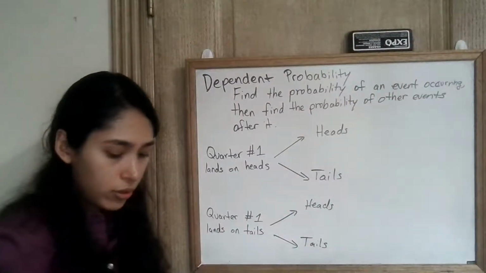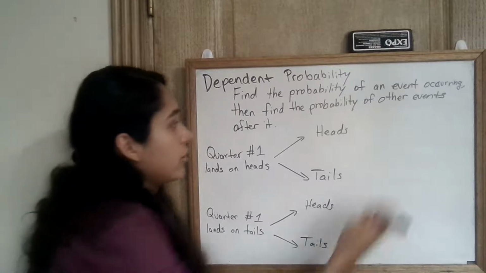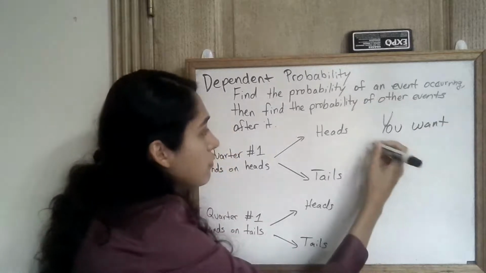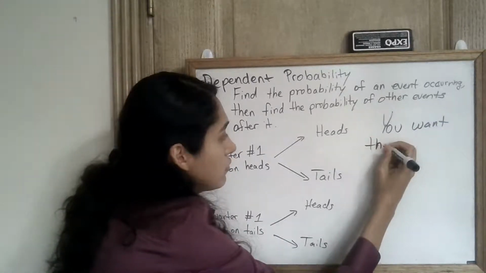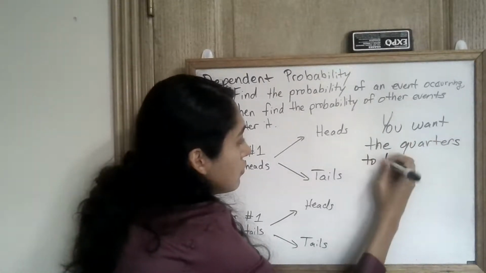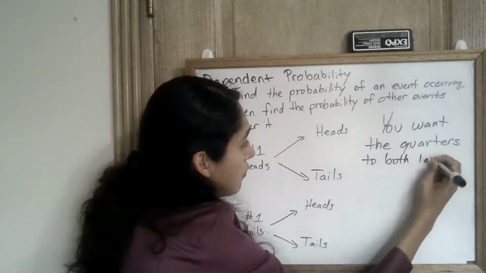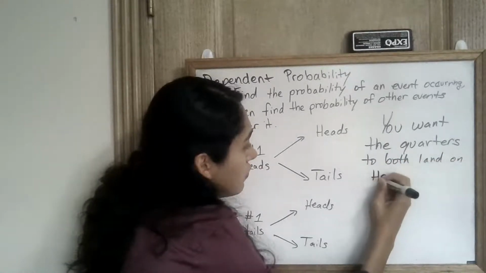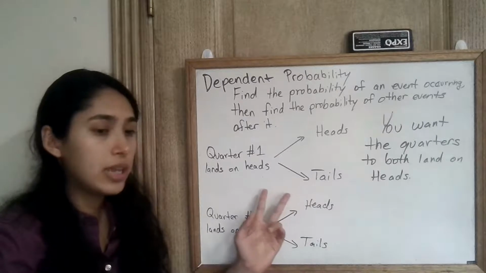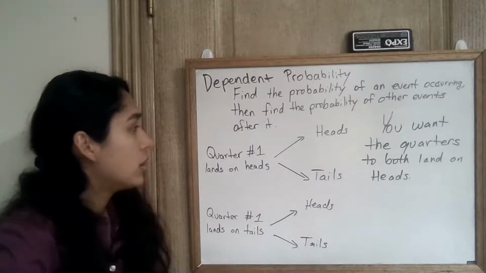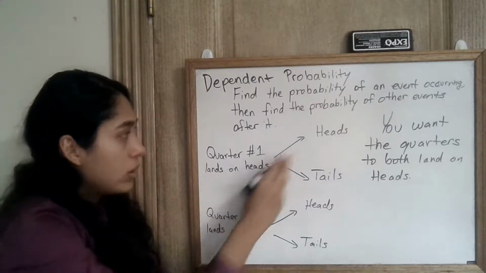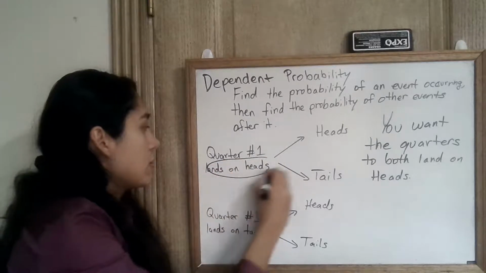So if I want two quarters to land on heads, there's really only one combination that they can happen, right here.